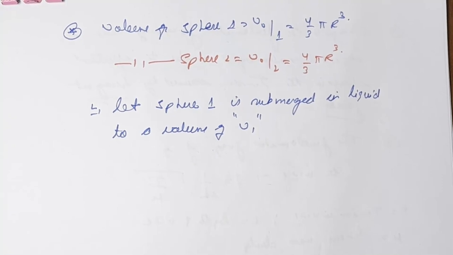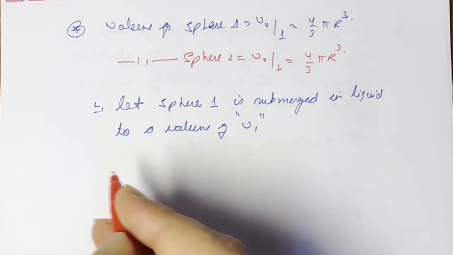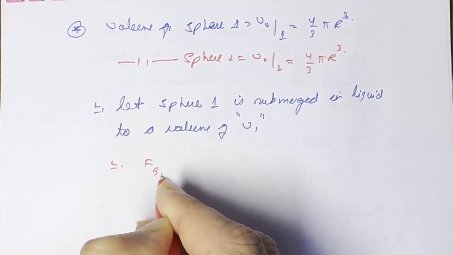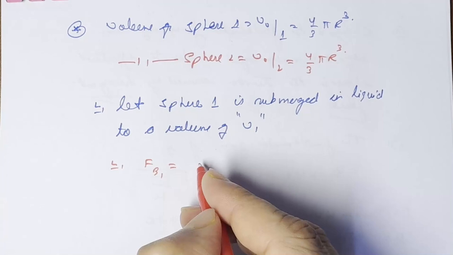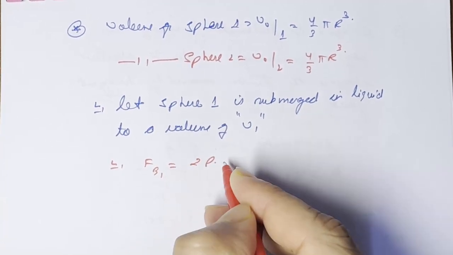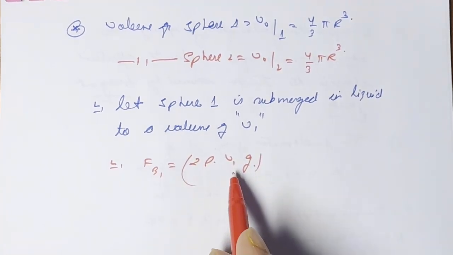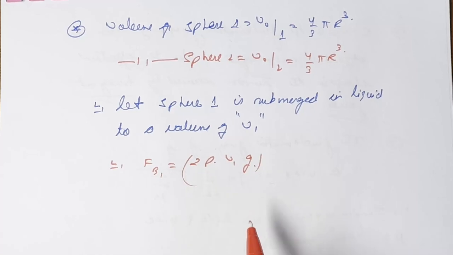And we know that the buoyant force we calculated, FB1, is 2 rho multiplied by V1 multiplied by g, because only V1 amount of the volume is submerged in the liquid.